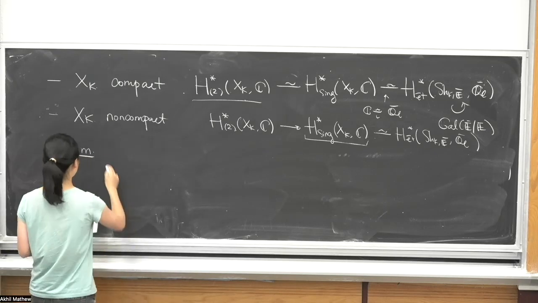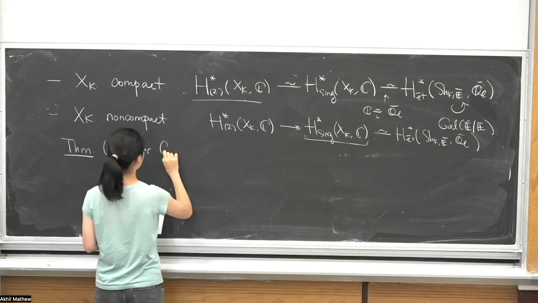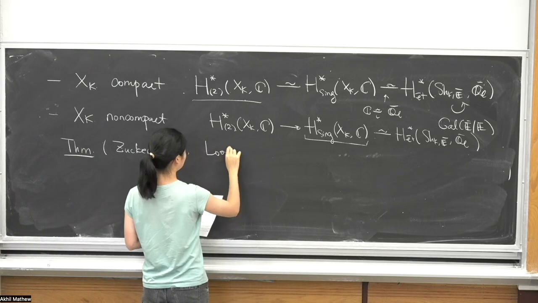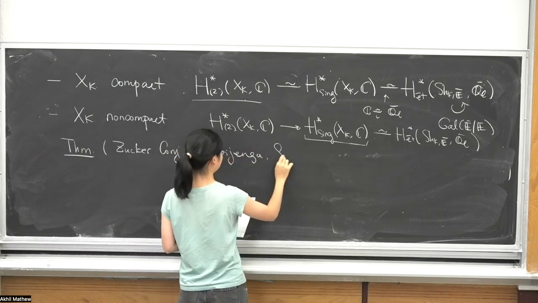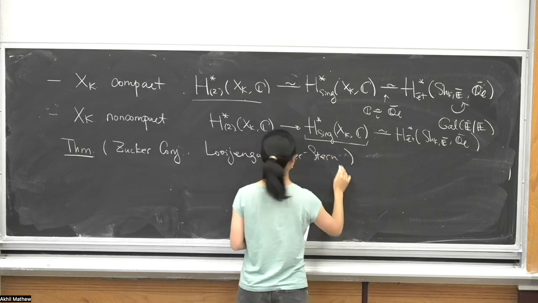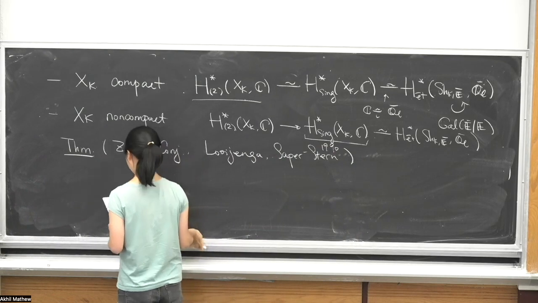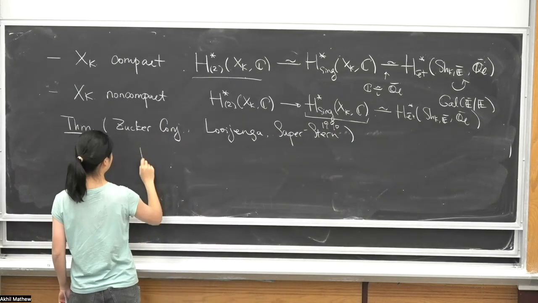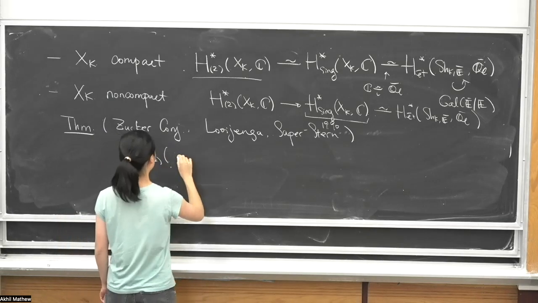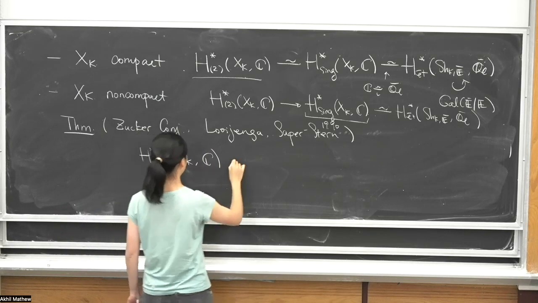Namely, it was conjectured originally by Zucker and proven by Looijenga and Saper–Stern separately that, in fact, the L2 cohomology compares with the intersection cohomology of the Baily–Borel or minimal compactification of this locally symmetric space.